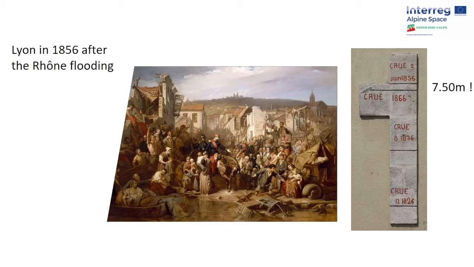The base of all the risk prevention policies or regulation in the Alpine area comes from the mid 19th century, with the big flooding events that occurred at this period. In France, in 1856, we have this big event with a lot of damage.